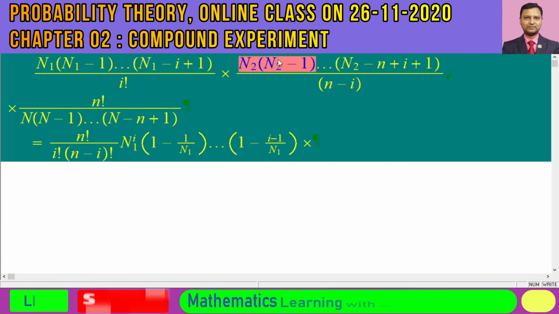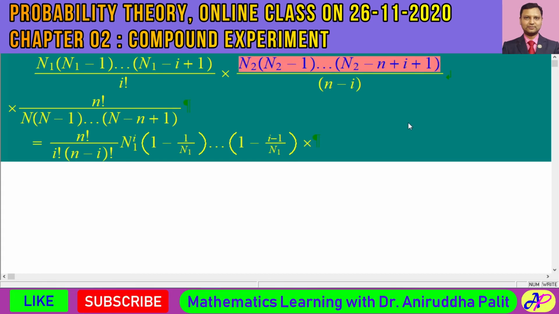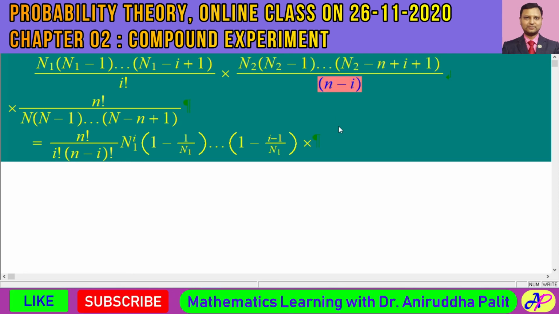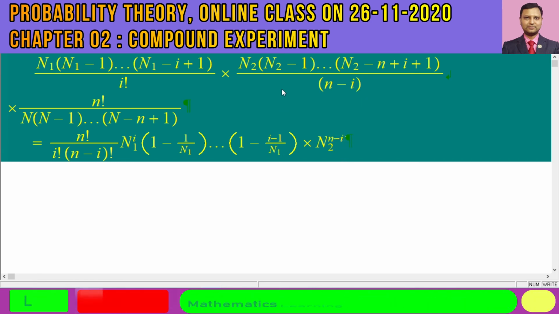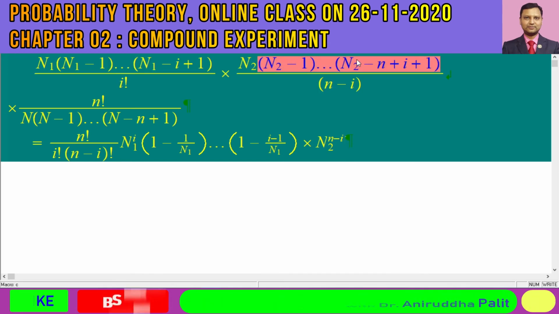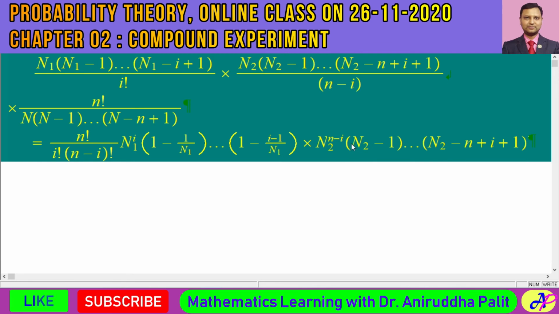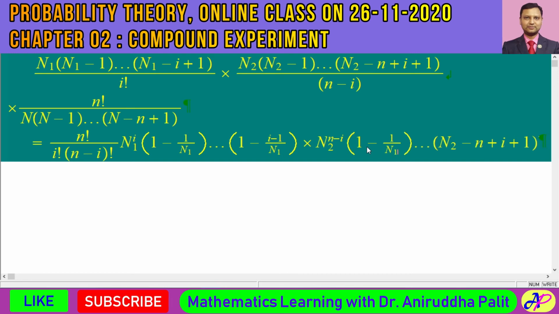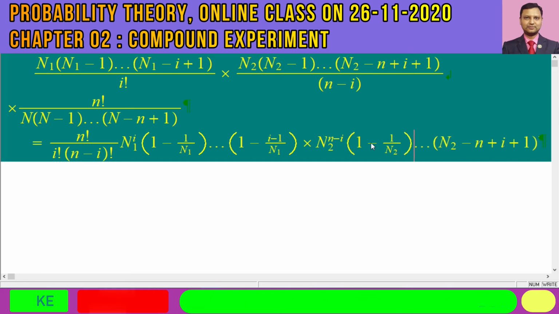by the following. Similarly, if we take n2 to the power of n minus i common, then each and every factor should be divided by n2. Therefore we will have 1 minus 1 by n2 and so on.